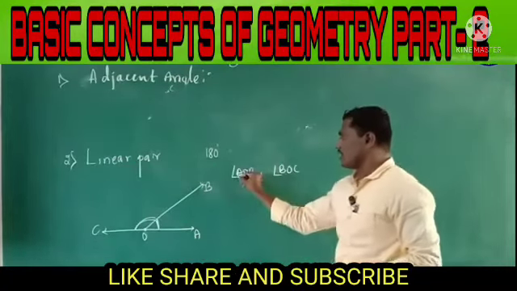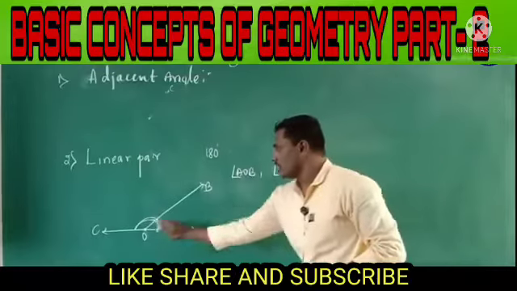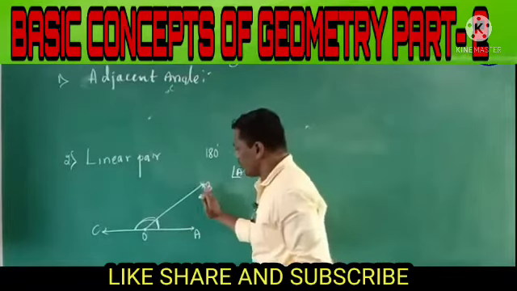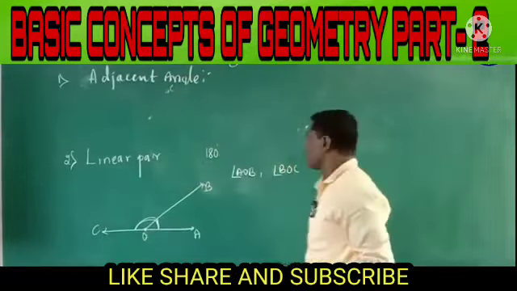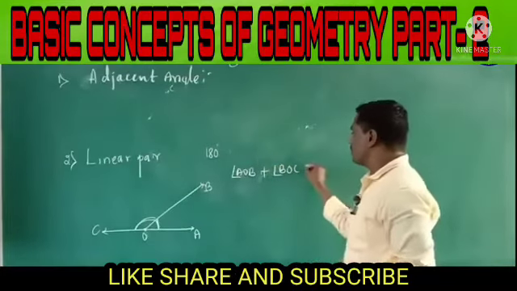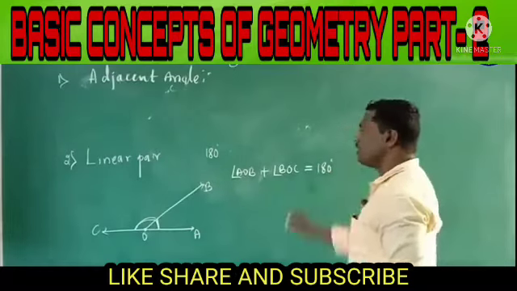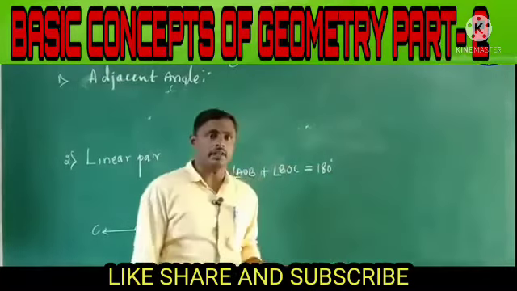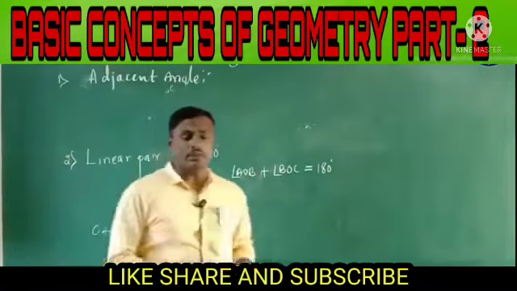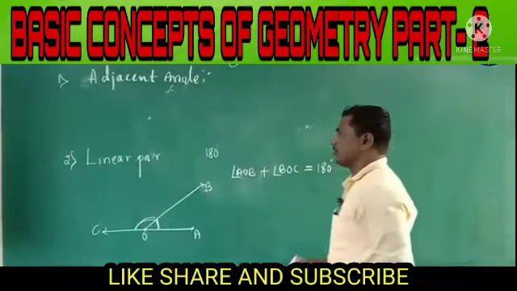So angle AOB plus angle BOC, the sum of these two angles is equal to 180 degrees. Okay, the sum of these two angles is equal to 180 degrees.